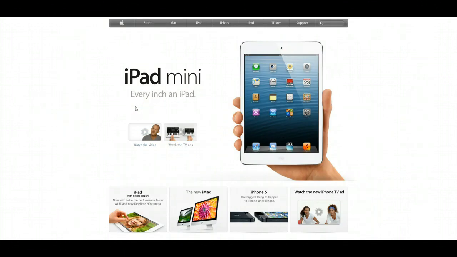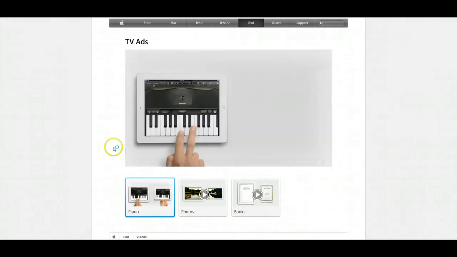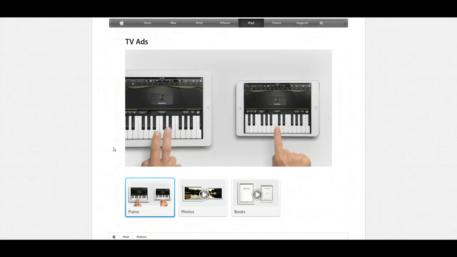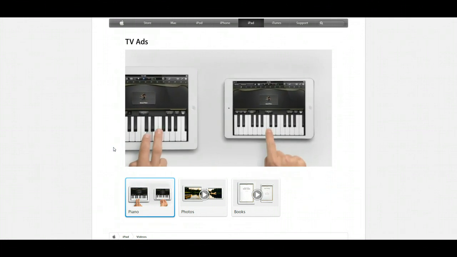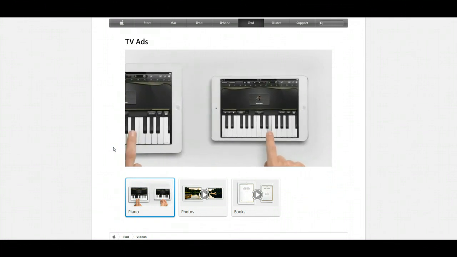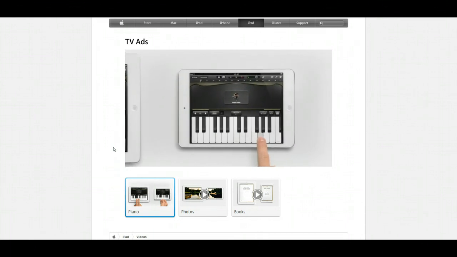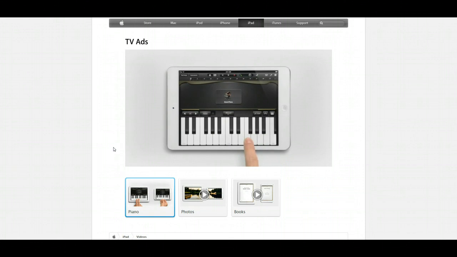A lot of the functionality and a lot of the apps, as seen in this commercial, they're trying to make it seem like the two products are similar in most ways, almost interchangeable. So the big difference is size, although there are a lot of technical differences between the two, even though they seem very similar to one another.